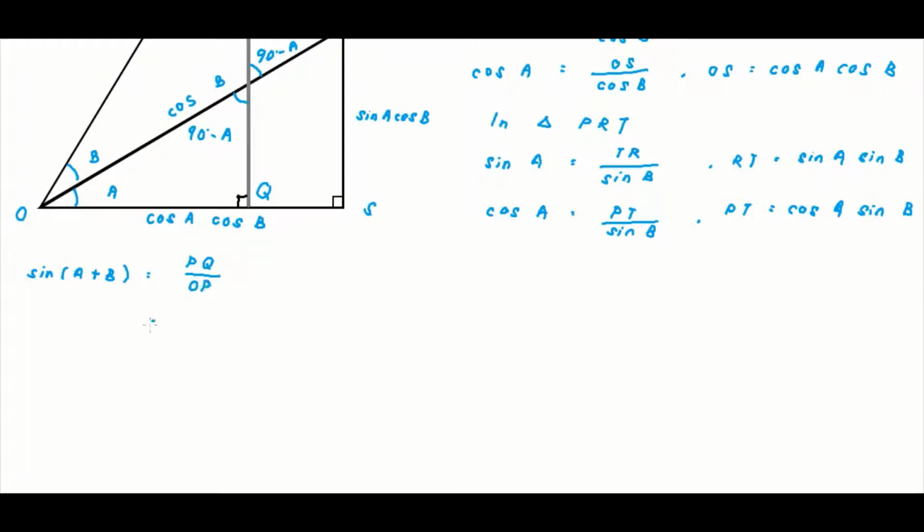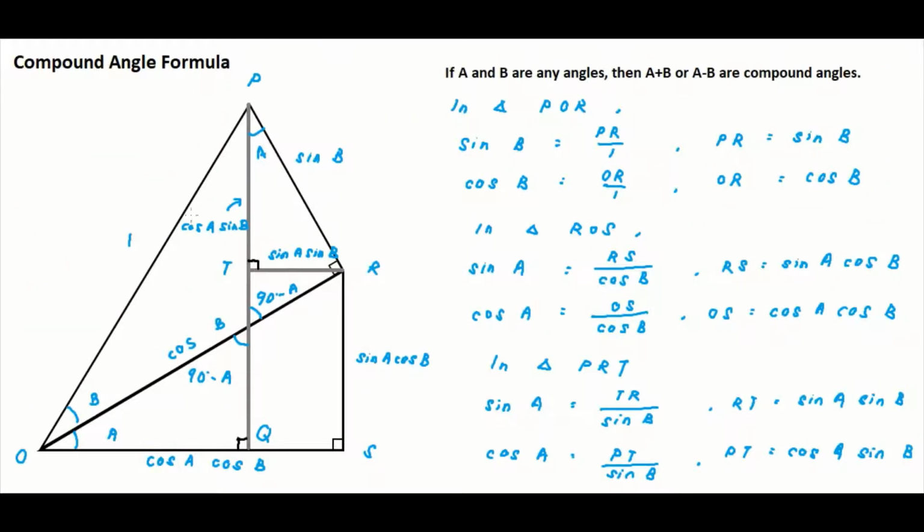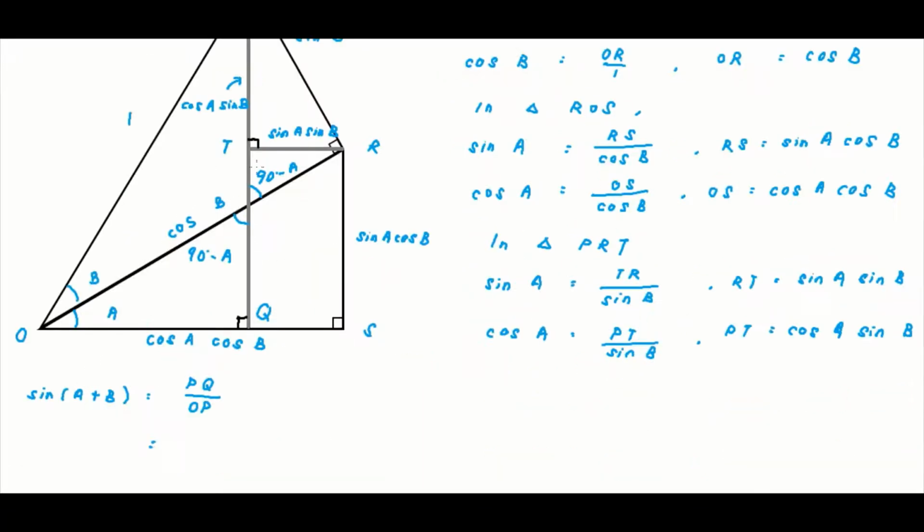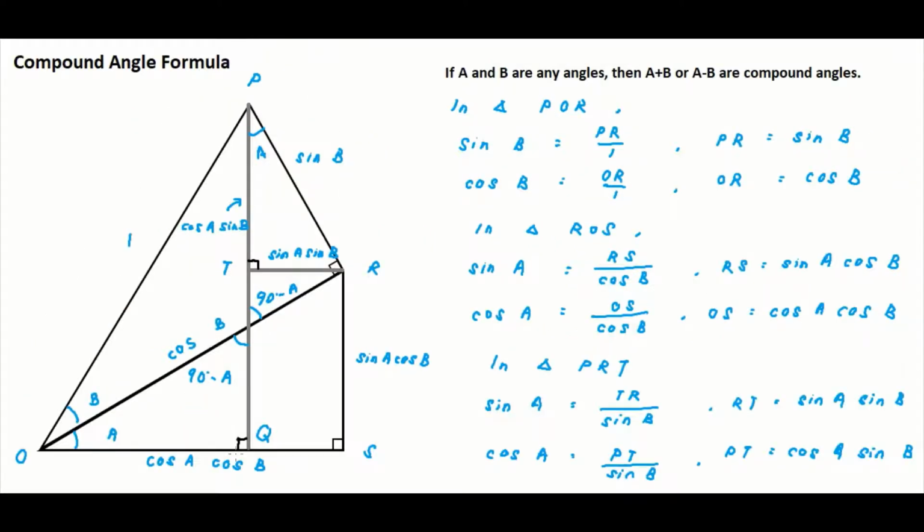So how do you actually get PQ? The PQ here, you need to use your QT plus TP, correct? So QT plus PT. And then your OP, we already know the hypotenuse is 1. So how do we get QT?